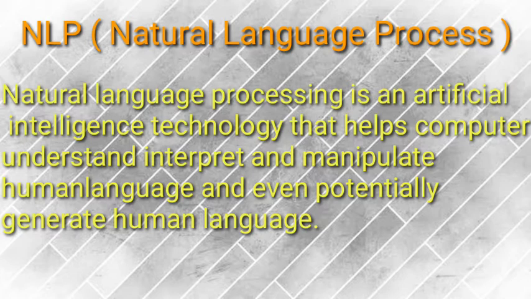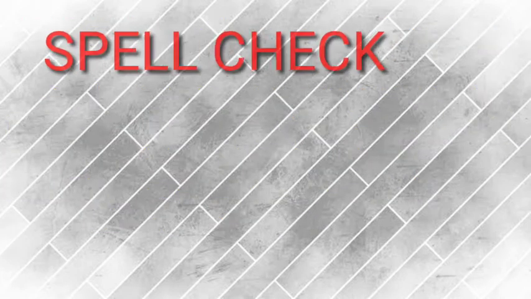A few examples of NLP that you use every day directly or indirectly through computers: you must have seen the spell check feature in Microsoft Word or OpenOffice Writer, how when you switch it on, it checks your document and suggests the correct spelling.